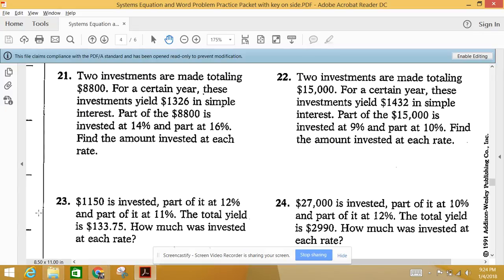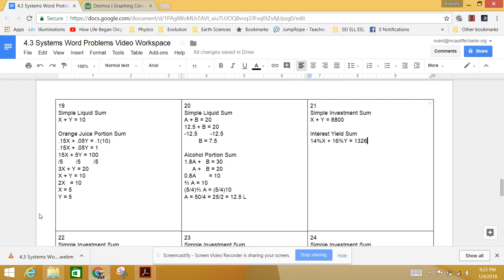$1,326. Let me check to make sure I got that number right. Yes. So I've got that. I'll go ahead and rewrite that in decimal form. Okay, because it's 0.14x and 16% is 0.16y. I'll go through one more step, which is to get rid of the decimals.